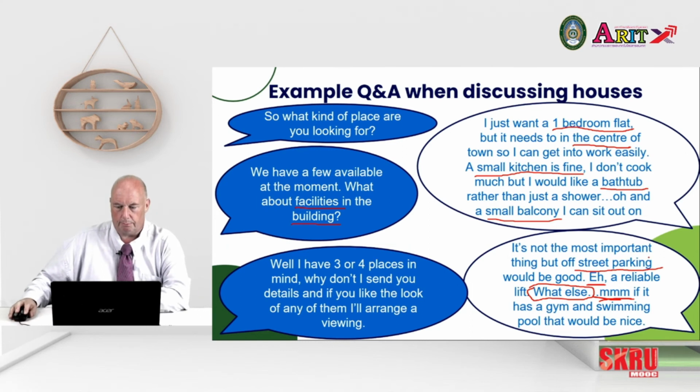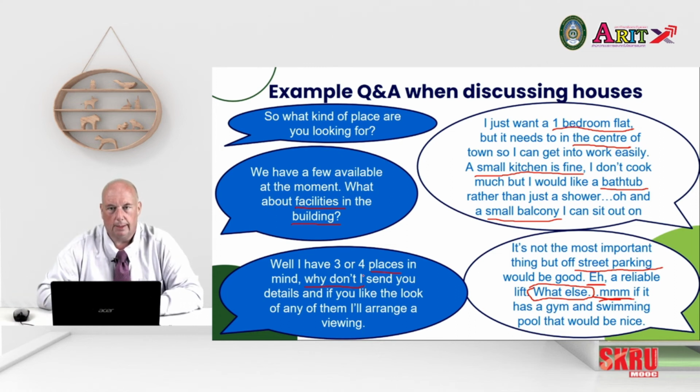Our estate agent, based on what he's asking for, says, well, I have 3 or 4 places in mind. Places means flats, apartments. Why don't I send you details? This phrasing, why don't I? It's the same as saying, I will.